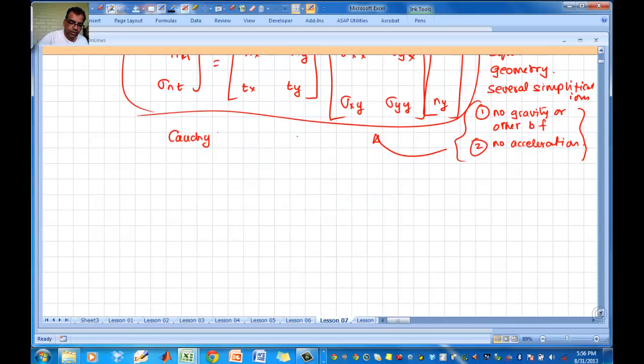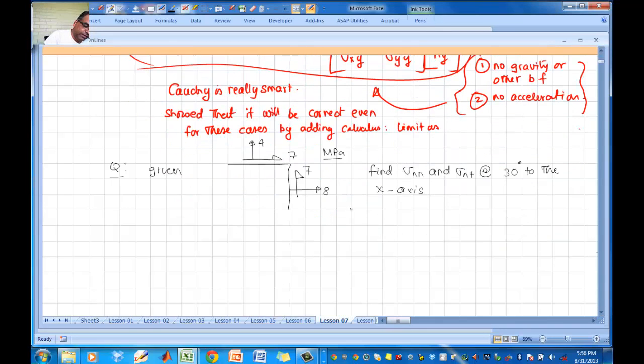That's easy. So first thing, let us figure out the face. Nx equals cos 30 degrees, which is root 3 over 2. Ny is sin 30 degrees, which is equal to half. Tx equal to minus half. Ty equal to root 3 over 2.